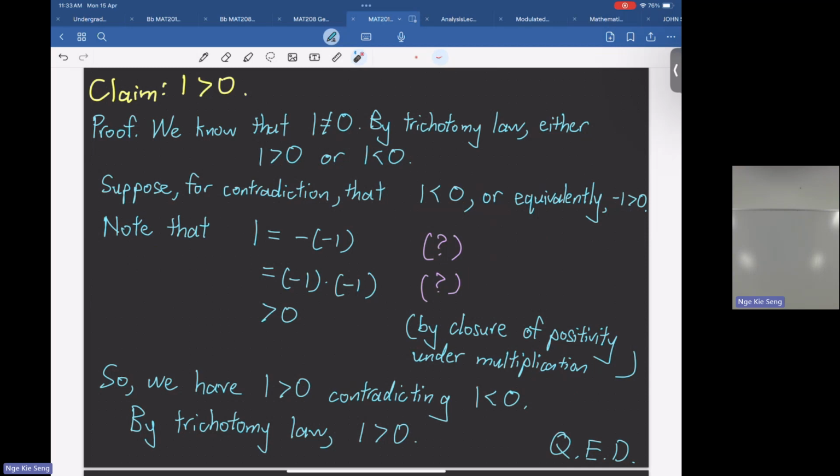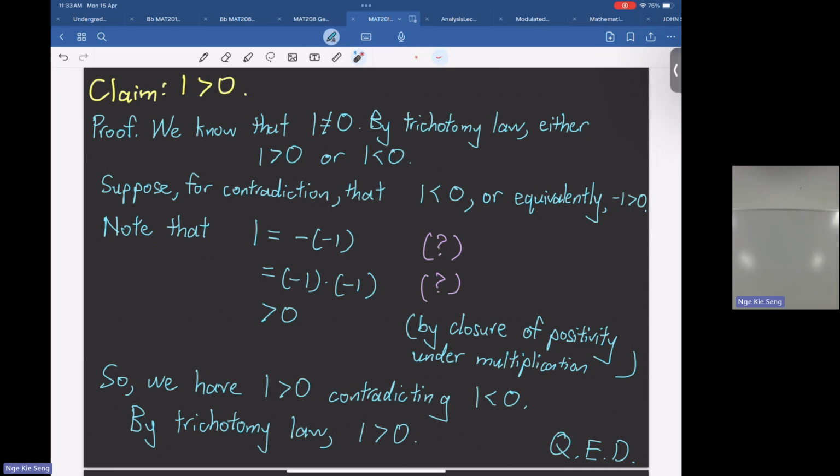Before this, what do you know about 0? Before this, greater than 0. How do we define this 1? Yes, so this is the multiplicative identity.